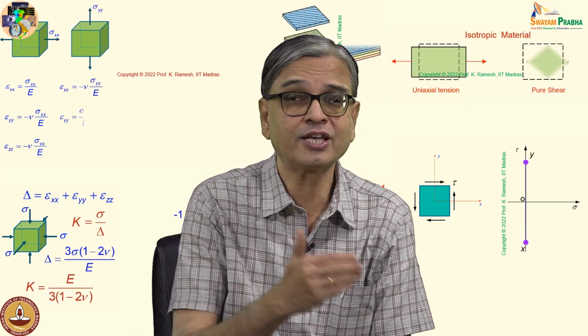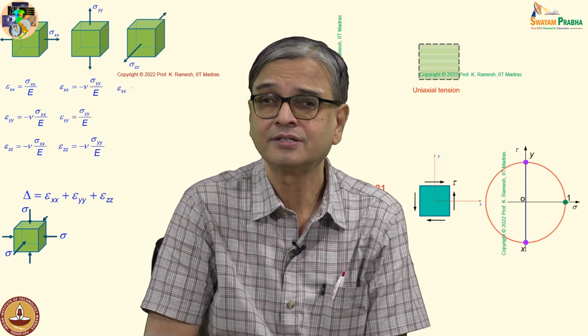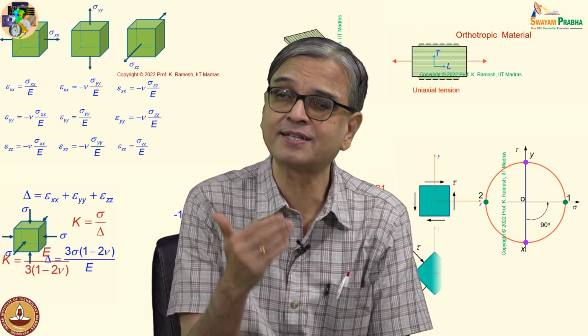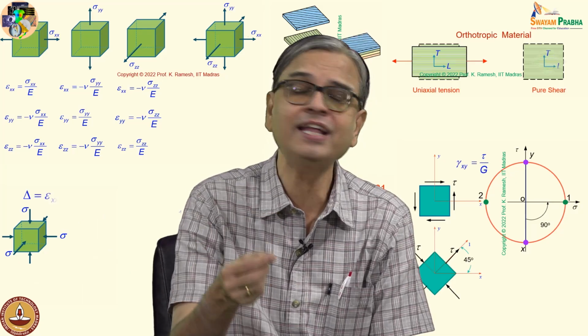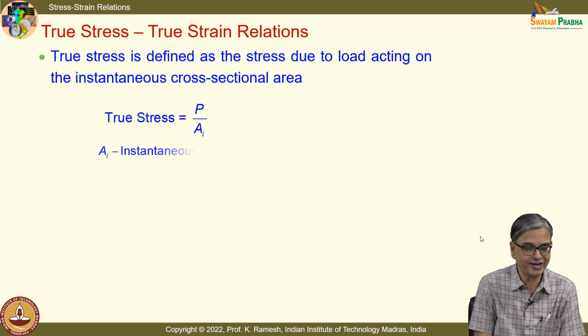Suppose I use digital image correlation. What was the advantage? In one go, I can measure epsilon x as well as epsilon y. I can get Poisson ratio also without putting any additional instrumentation. And I have also mentioned that there is something called true stress and true strain.